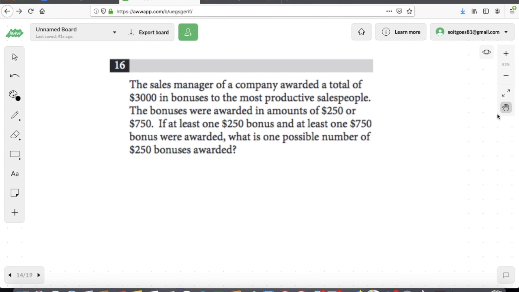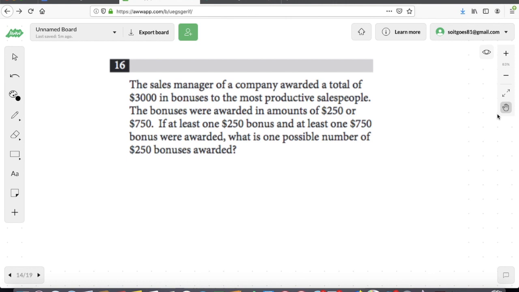What are we solving for here, Caden? One possible number of $250 bonuses awarded. And we know we've got at least one $250 bonus and at least one $750 bonus, and they've got to add up to 3,000.